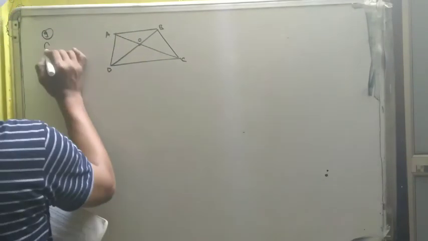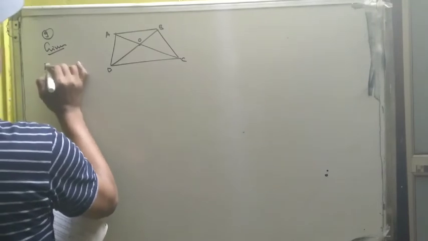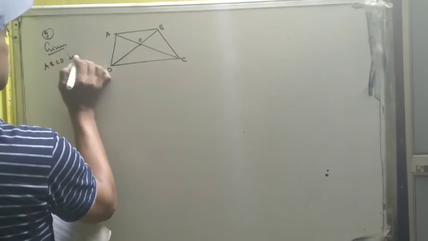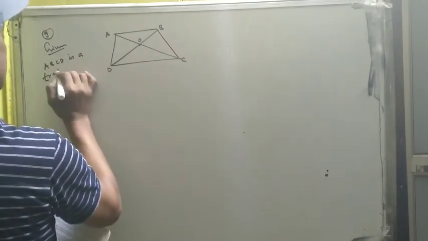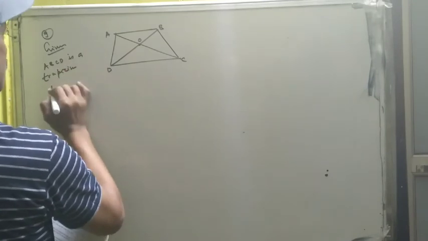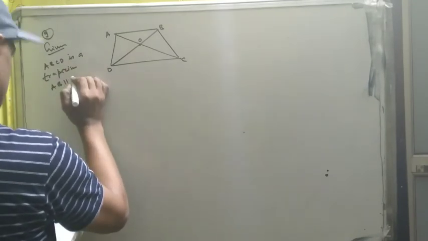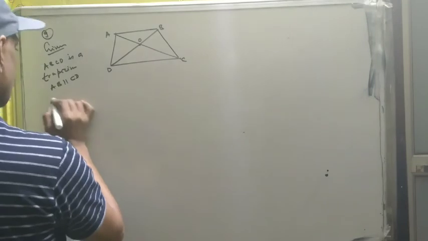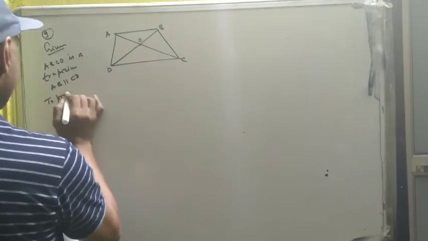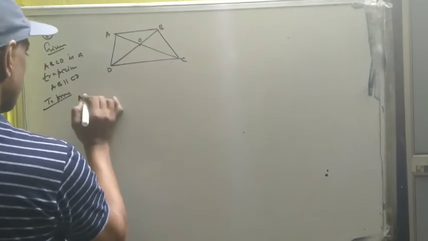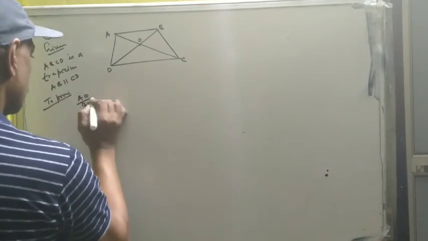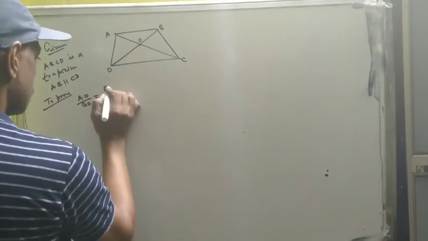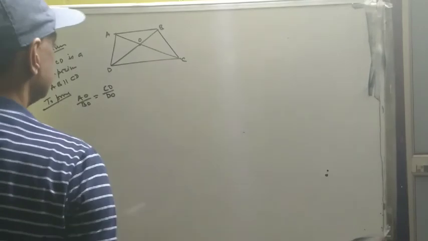So here in this question it is given that ABCD is a trapezium and AB parallel CD. To prove AO upon BO equal CO upon DO.